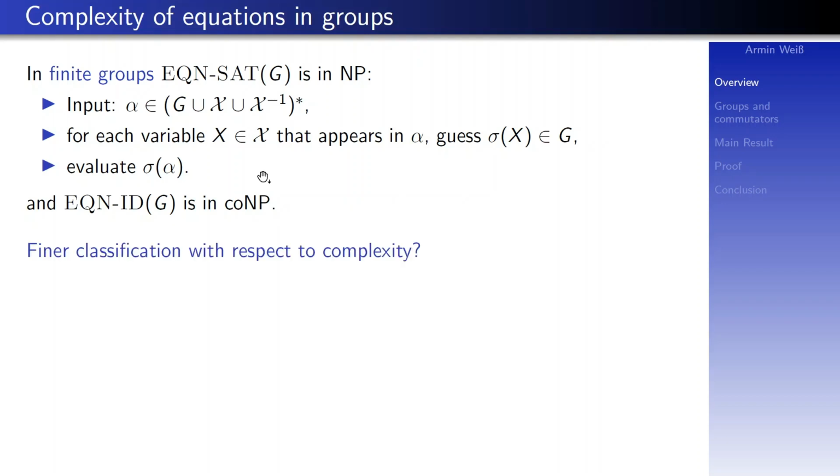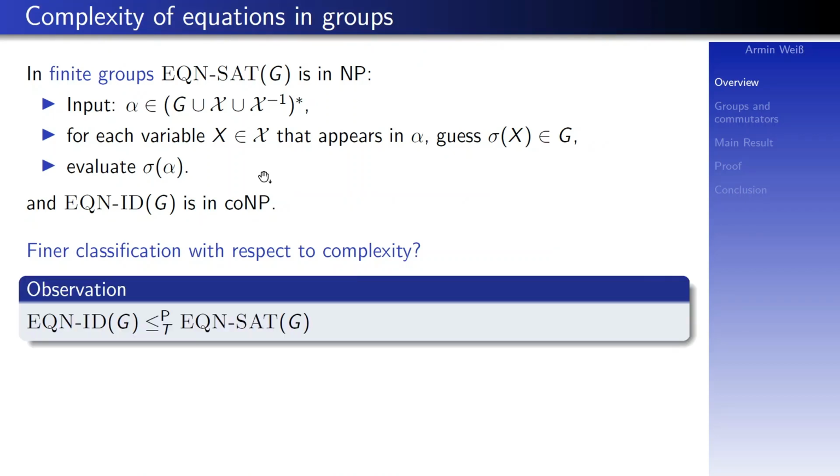But what about a classification with respect to complexity? Are there groups where this is NP-complete or not? Before I say something about this question, let's start with a simple observation. The equation identity problem is rather easier than the satisfiability problem because we have this Turing reduction: if equation satisfiability is in polynomial time, then so is equation identity.